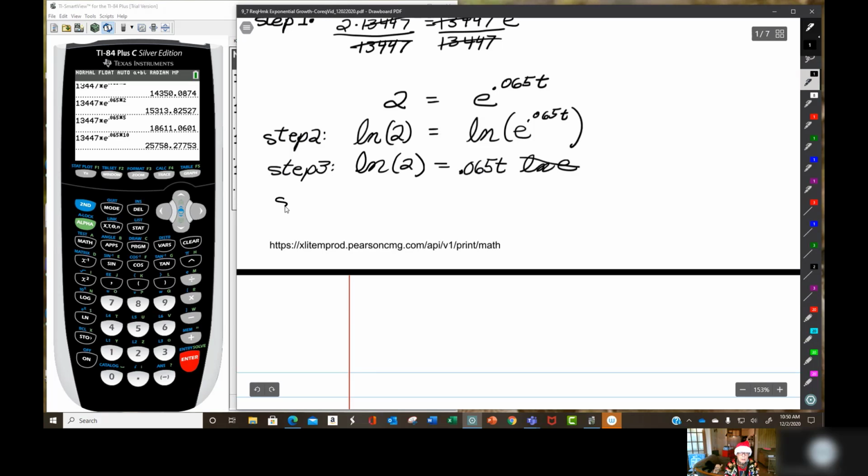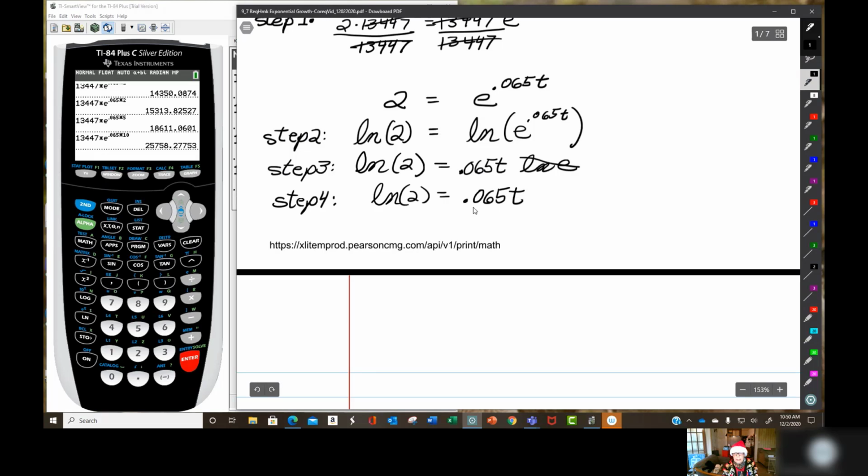And step 4, you now have the ln of 2 equals 0.065 t.